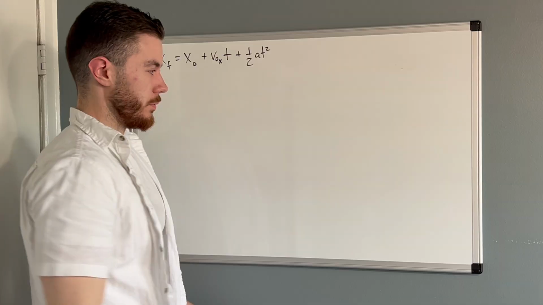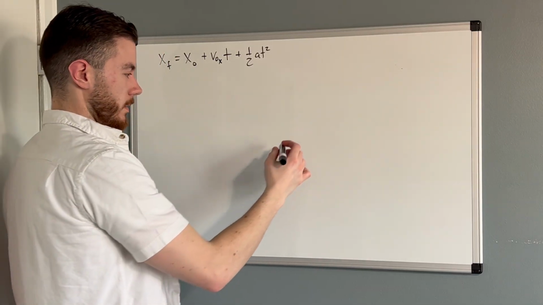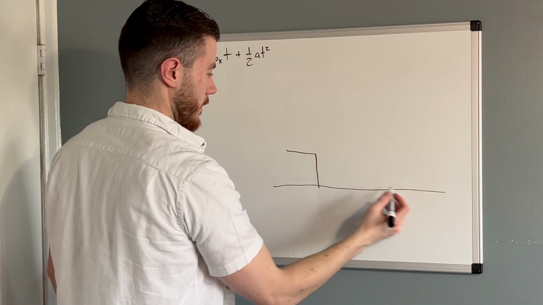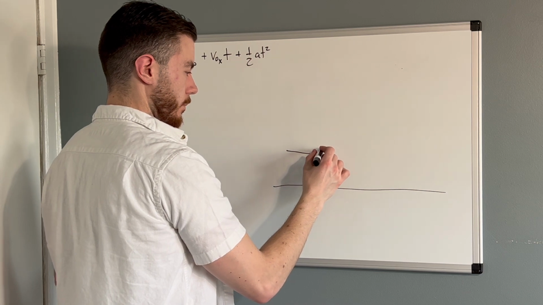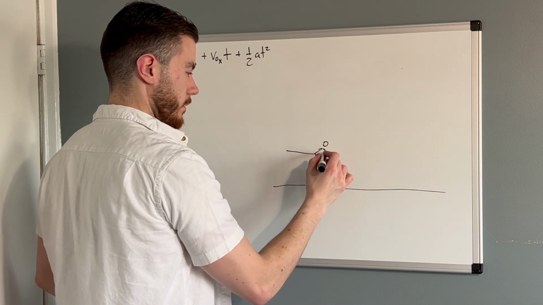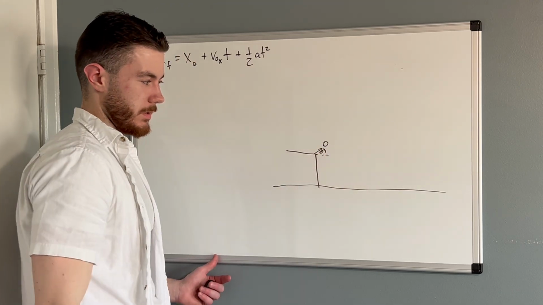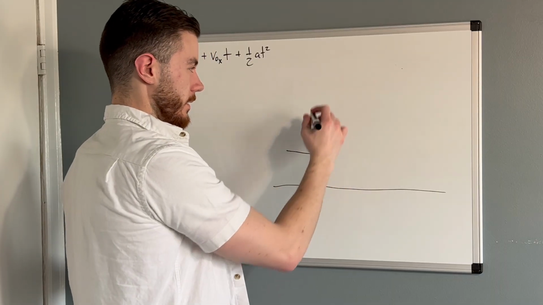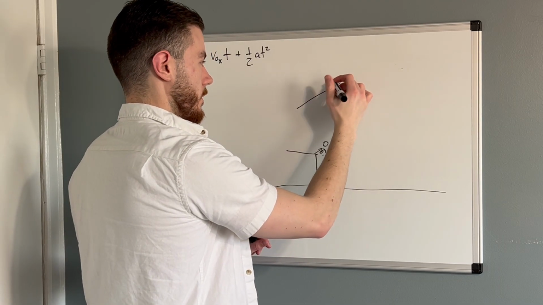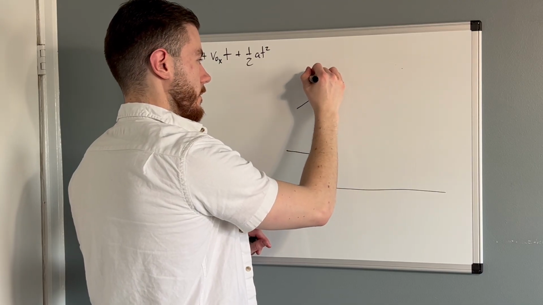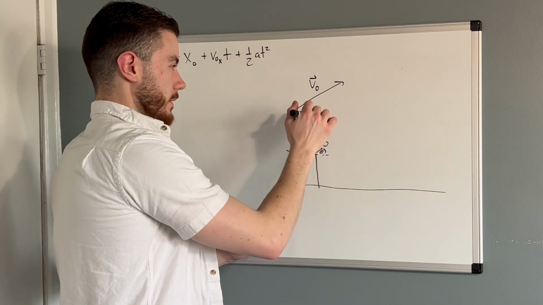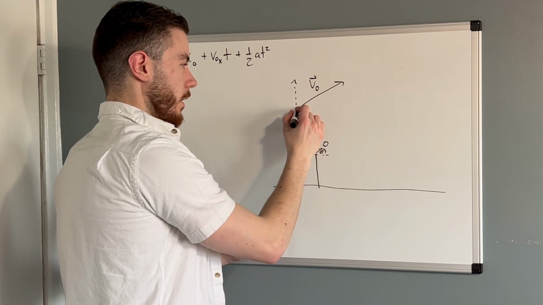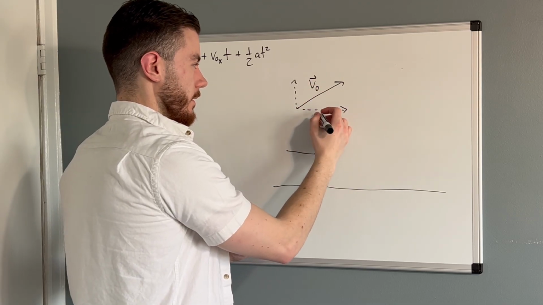Something very important in projectile motion problems. Let's say there's a table, here's the ground, there's a table, and a ball is launched at a certain angle theta with respect to the horizontal. If we zoom in on this v naught vector, there is a component in the y dimension and a component in the x dimension.